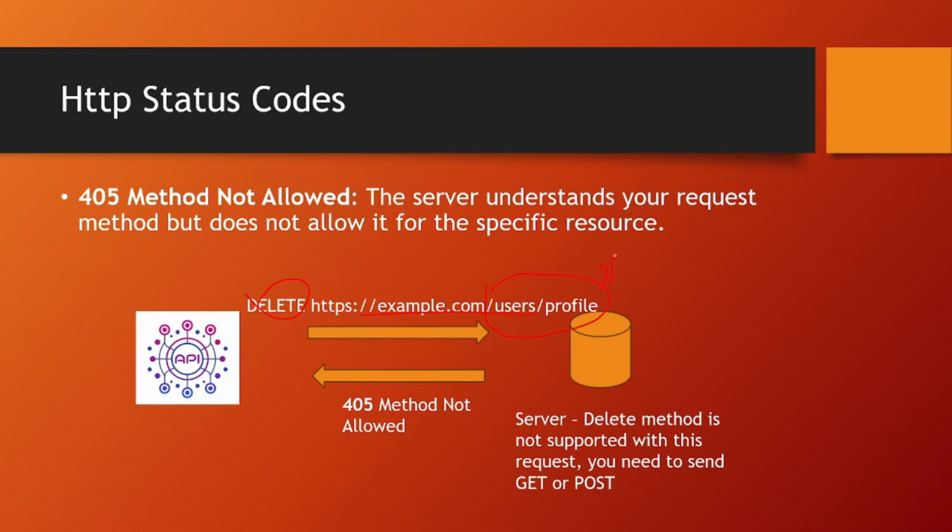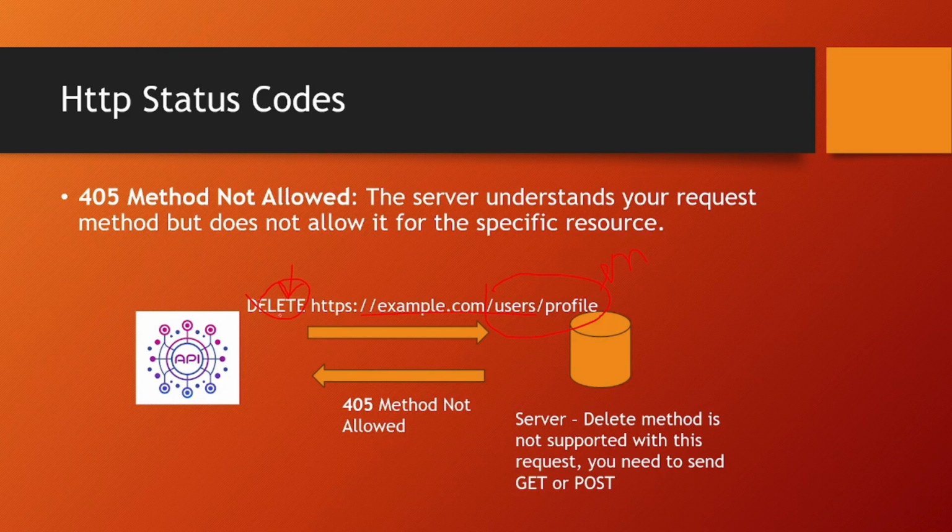This is called the endpoint, right? And the whole code is written somewhere. So in this case, 405 method not allowed means you sent a different kind of method which is not supported by the server.